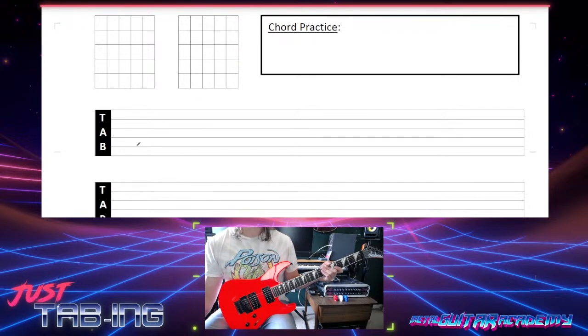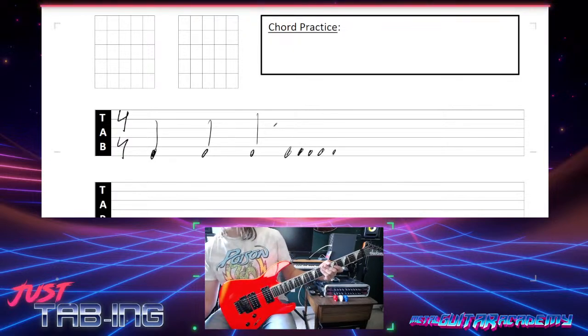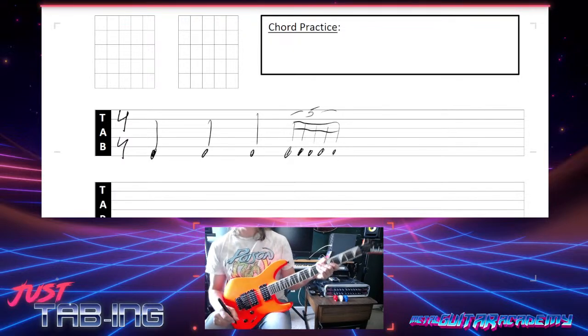Let's say I have something that is 4 quarter notes in one measure. Okay. 1, 2, 3, and then you see something like this. A group of 5 16th notes, and you see a 5 like this over it. We call that a quintuplet.